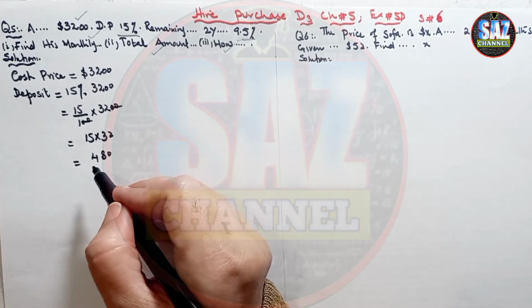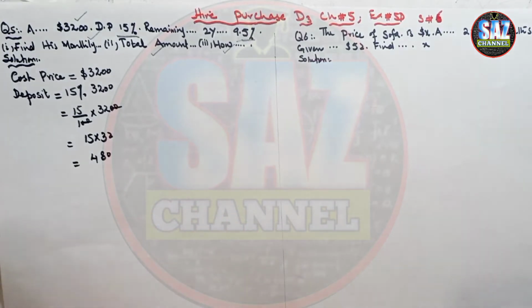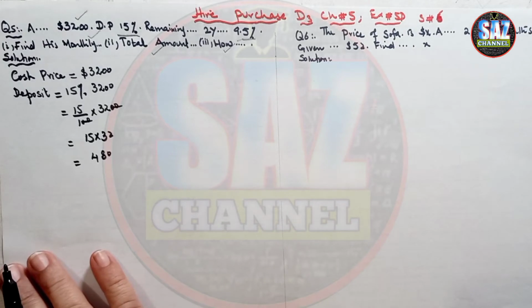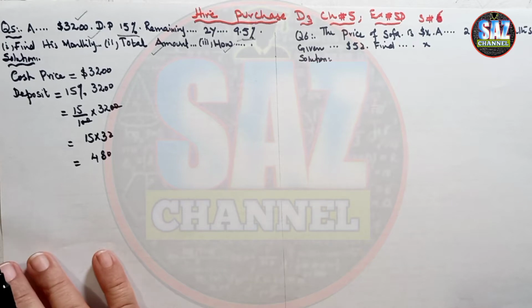Now after this down payment, on the remaining amount he has to pay the installments for 2 years with the simple interest rate of 9.5%.